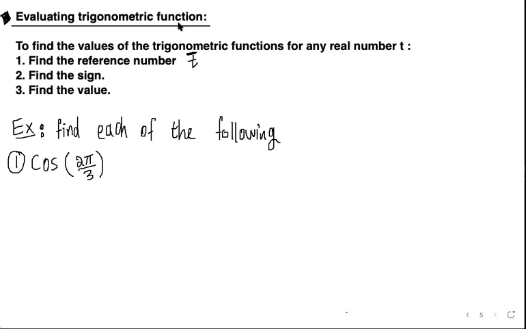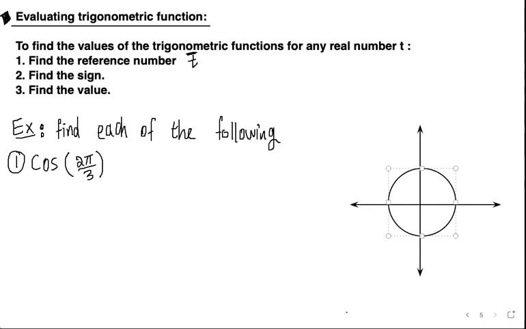First step, when you see something like that, you have to graph the unit circle. Here is my unit circle.